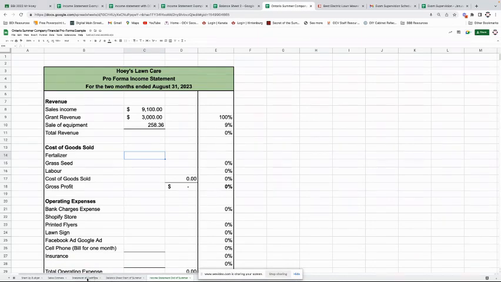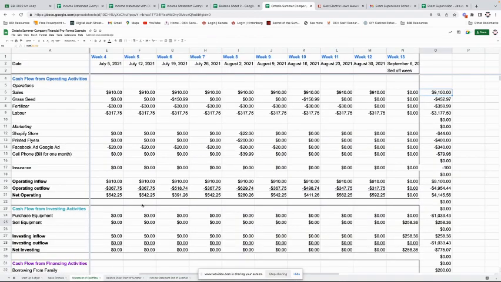So we can go to our statement of cash flow, and we can look at our main sources of, basically, our COGS. So in terms of grass seed over the course of the summer, we're going to be using this much.